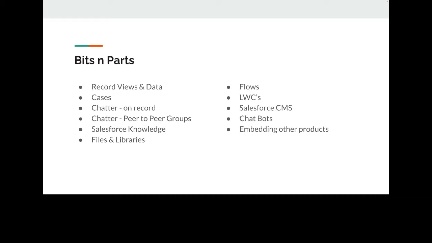I'm not sure you could do that because they'd need at least read access to see that data. With flows or with Lightning Web Components, you can elevate that privilege and configure it that way. I don't know if that would work right with Chatter though. Yeah. Okay. All right. Thank you.